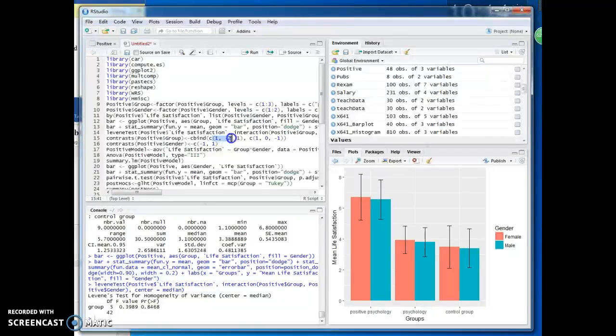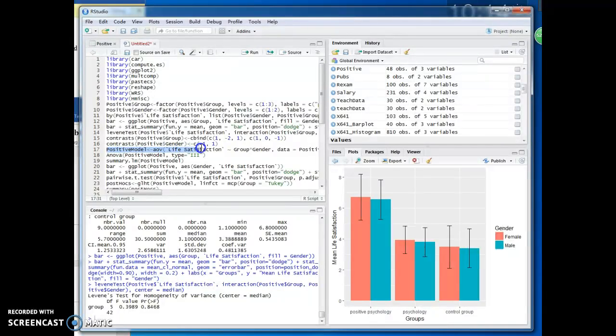As we can see right here, we code the control group as -2, and the positive psychology group and the psychology group are both set as 1. For the second contrast, we set the control group as 0, and the positive psychology and the psychology group as 1 and -1. And for gender, we just set female as -1, and male as 1.